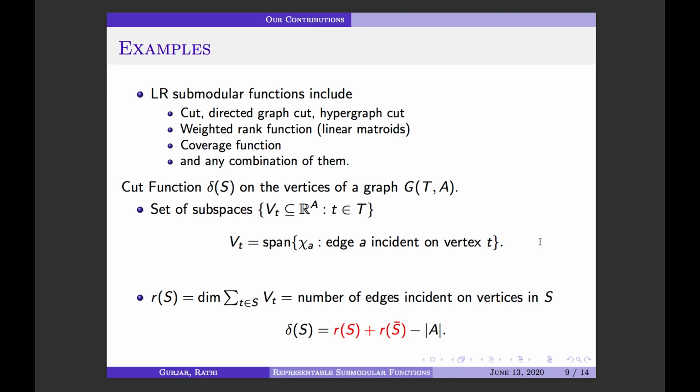Why is this true? Because if you look at this expression in red, R of S plus R of S bar, it counts the cut edges twice and all other edges exactly once.